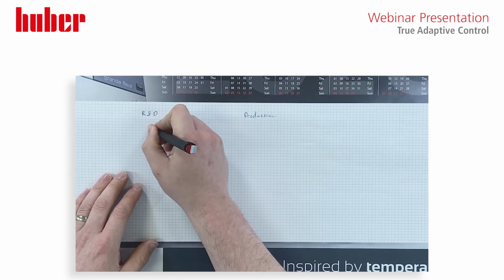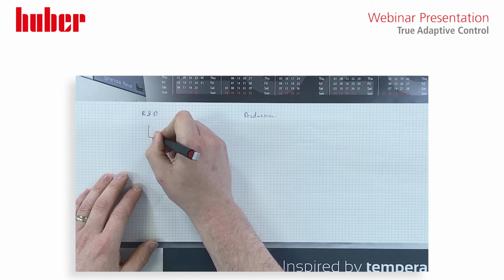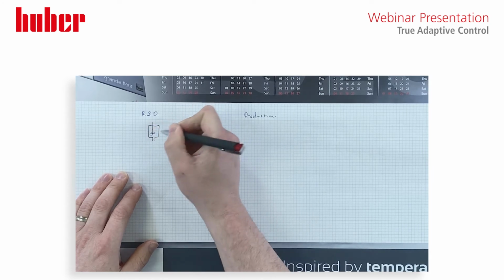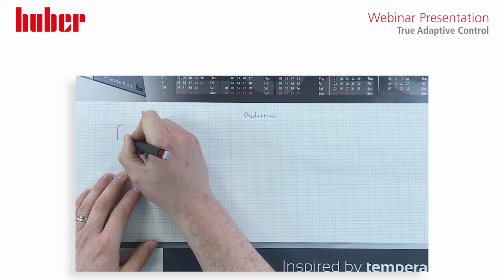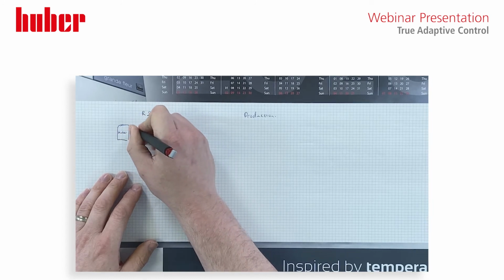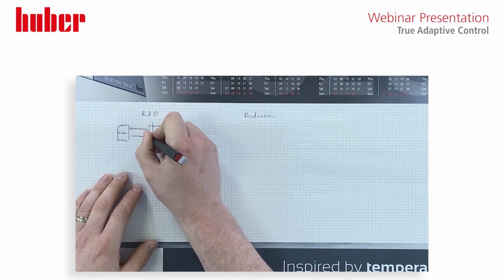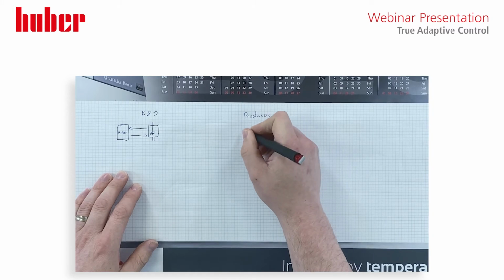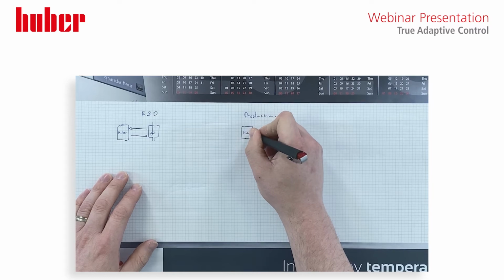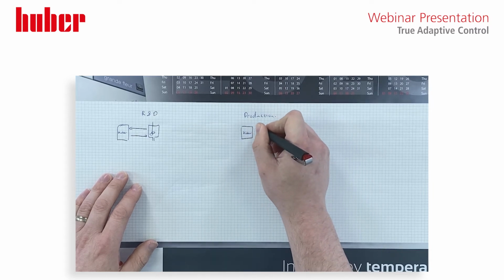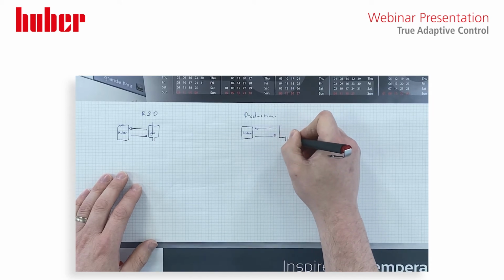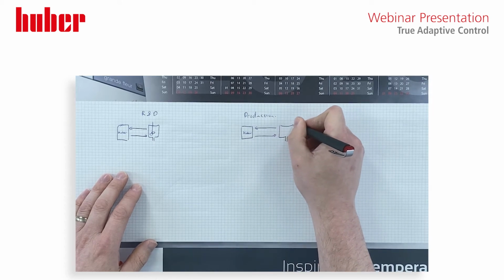In the R&D lab, they'll have their reactor system and their Huber. And in the production facility, they will also have their Huber and the reactor system.